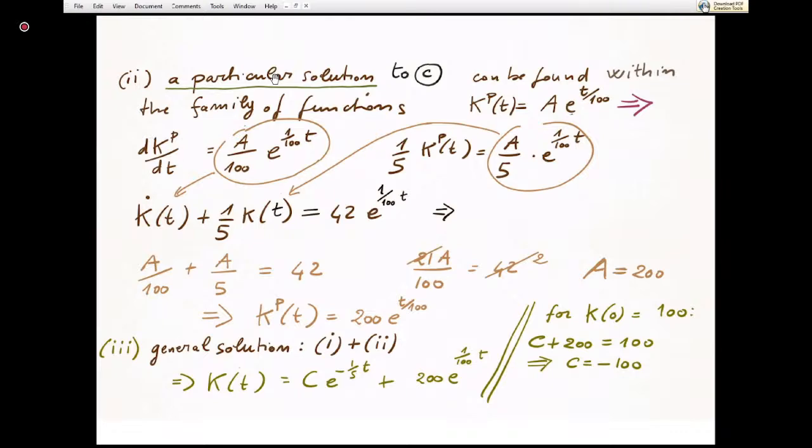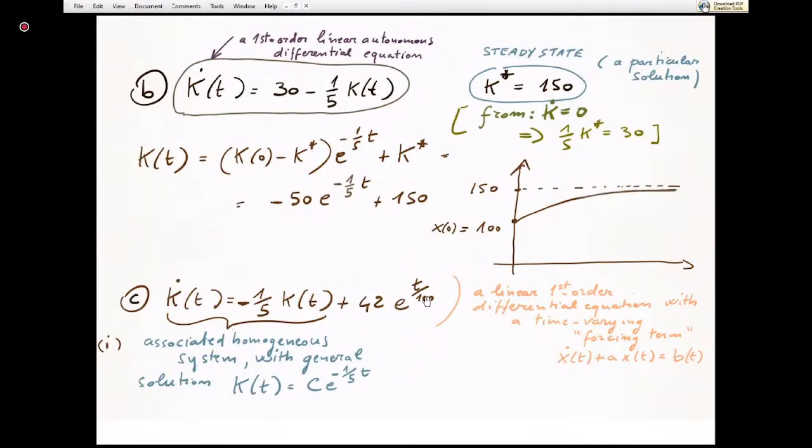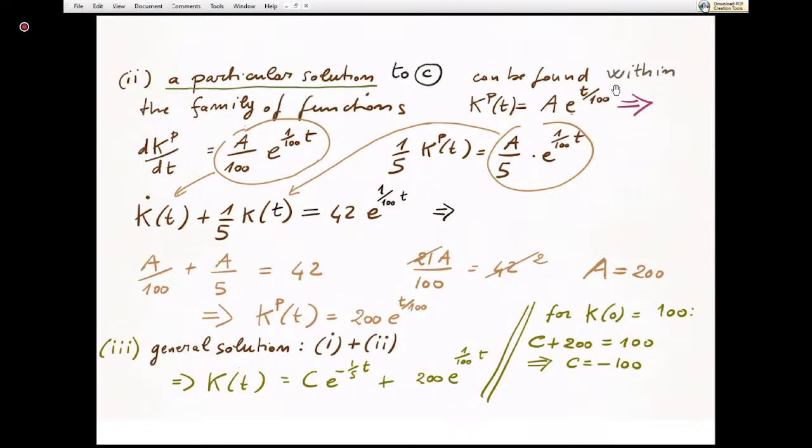We know that in the exponential case, a particular solution can be found within a family of functions k p of t, equal to an arbitrary constant times the same exponential term that you find in the equation, exponential of t over 100. So we guess a solution of this type and we find A.